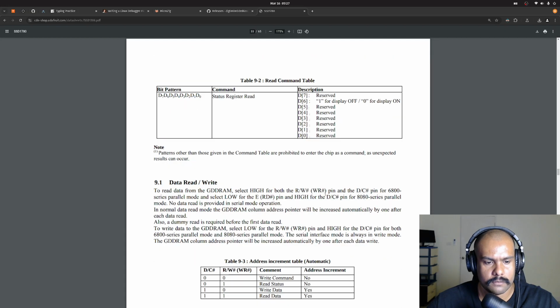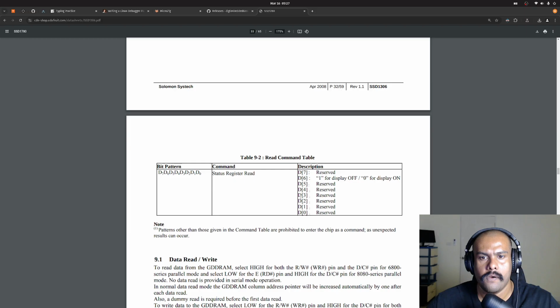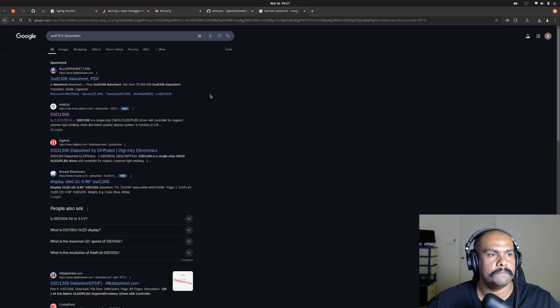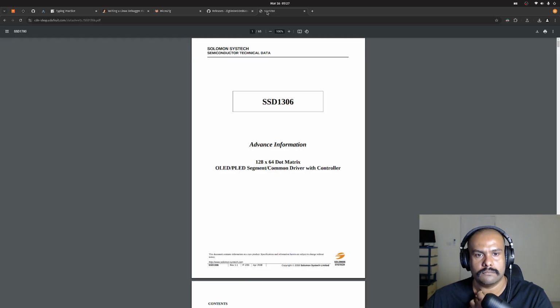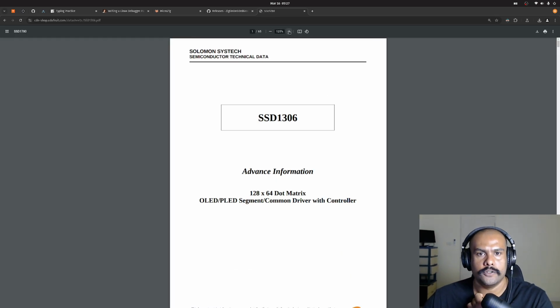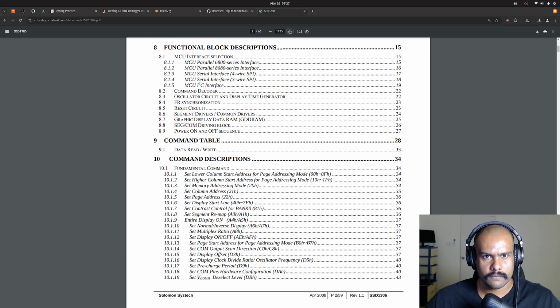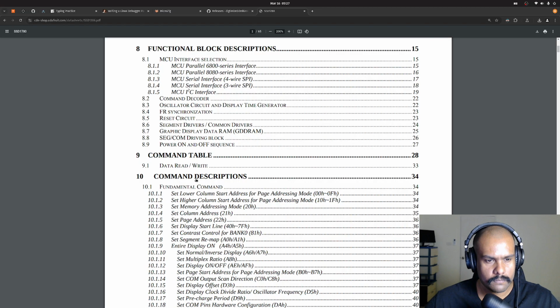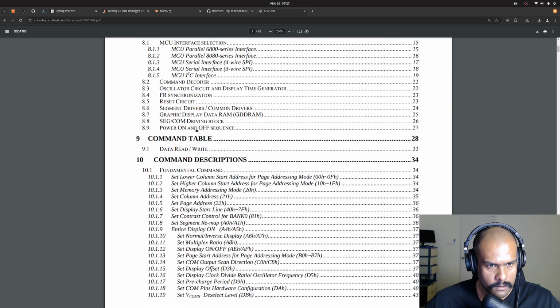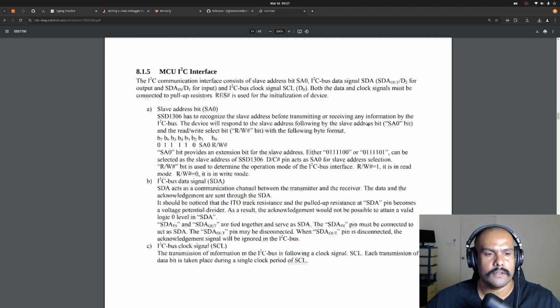Command table. What is this? Okay, I think I'm just gonna have to go read all of it.